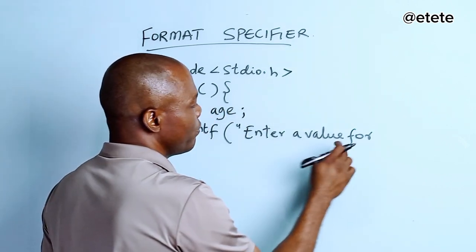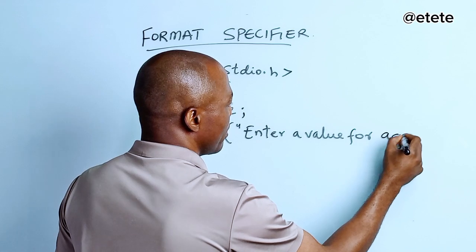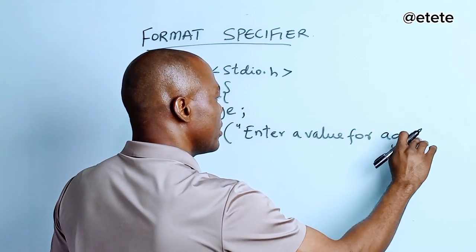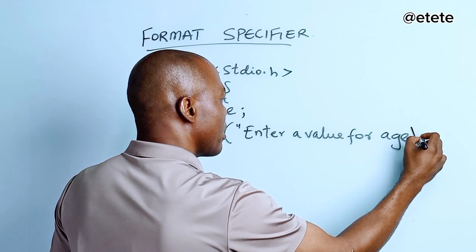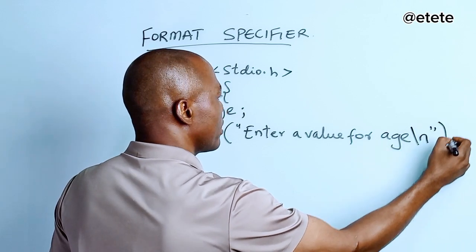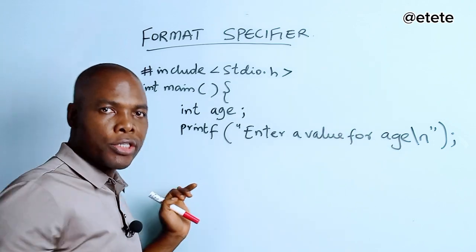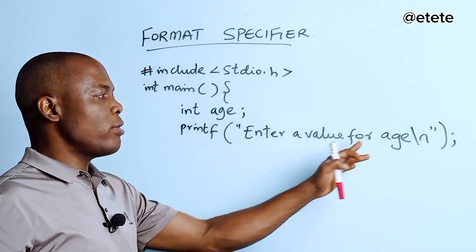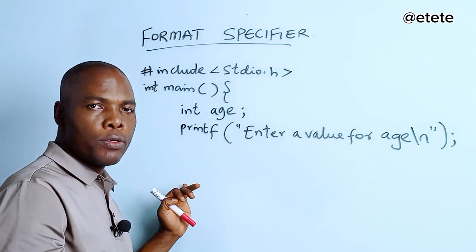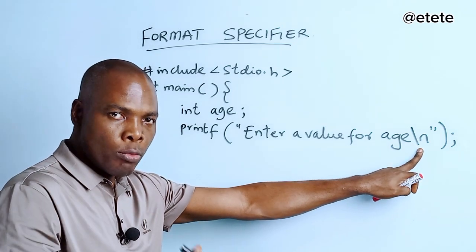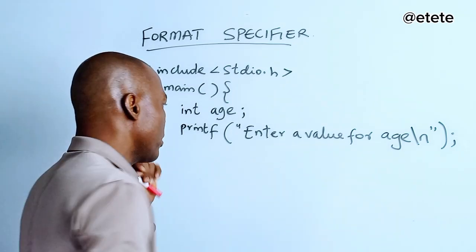So enter a value for h, right? Then this, I'm going to bring this in, enter a value for age. So this will be printed out on the screen for you to see. Enter a value for age. Then it will move to a new line. That is why I'm putting this escape sequence. It will move to a new line for you to enter the value, right?